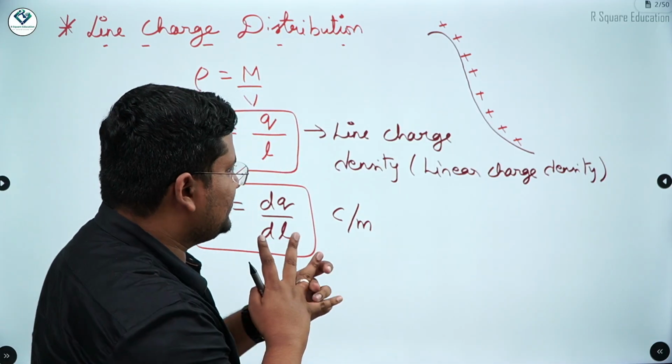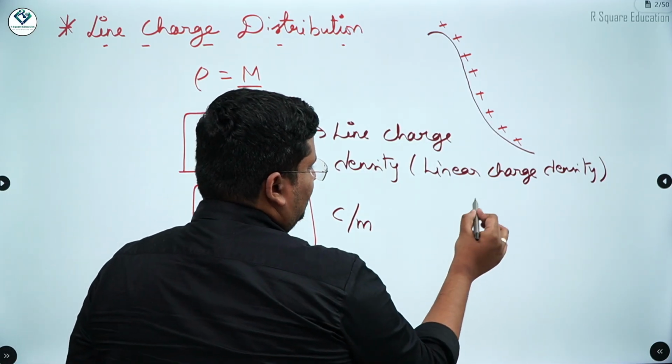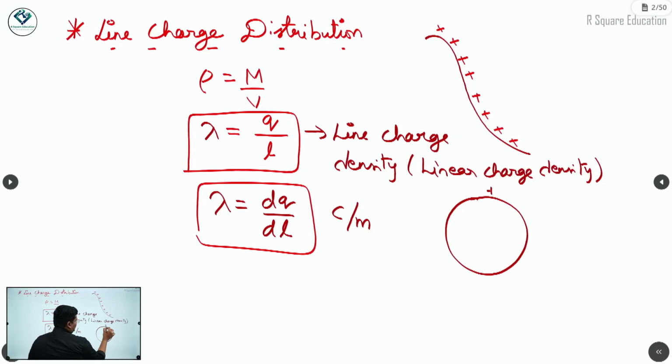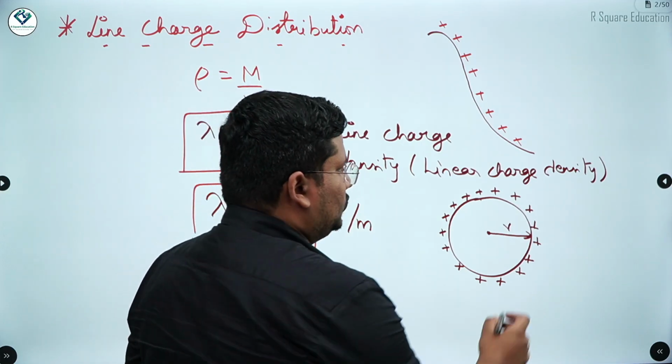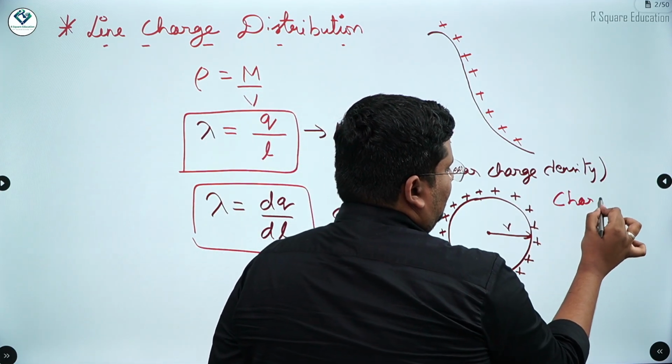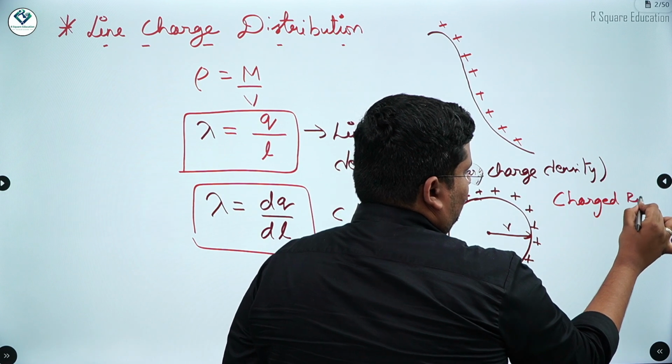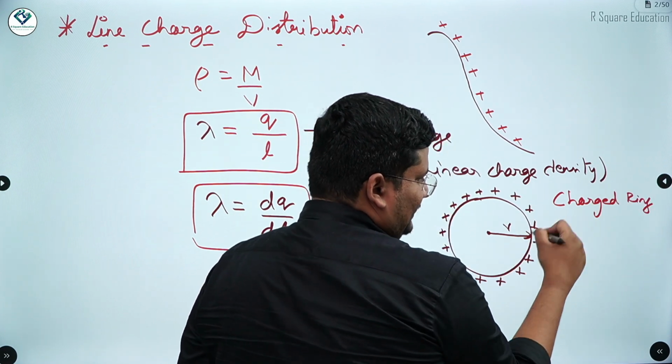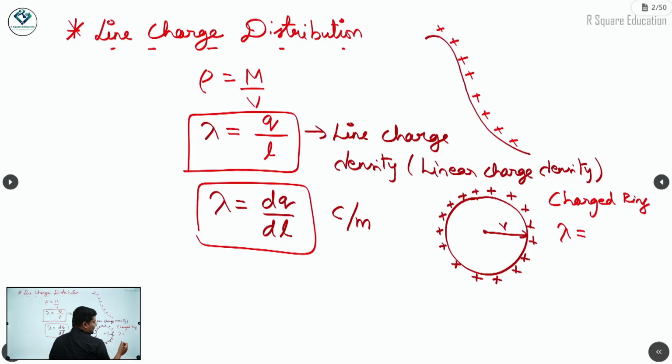Suppose I want to know the charge density for a ring if I have charged the ring, whose radius is r. So the charged ring is going to have a density of lambda is equal to Q by L.